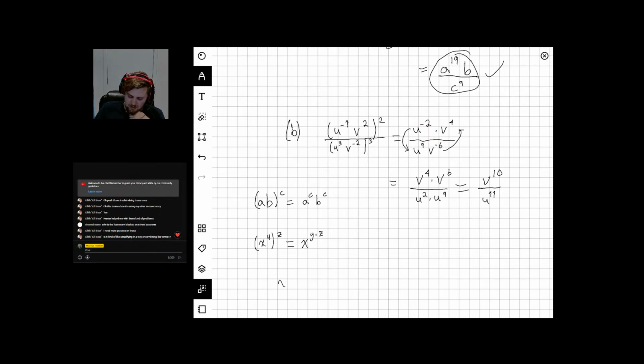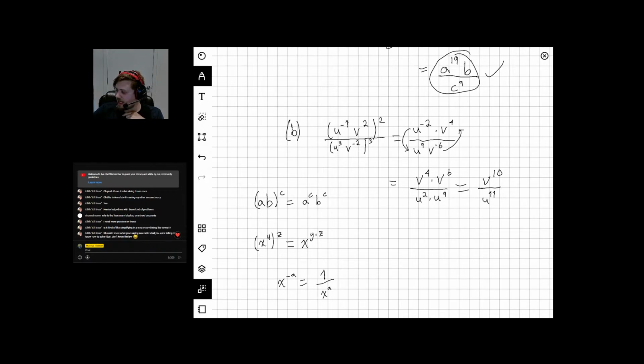And then by using this property, x to the negative a equals 1 over x to the a, I can use that to flip these. So I'm just diligently applying the rules for exponents. If you're struggling with the rules of exponents, I would take on these problems and have the properties of exponents out in front of you.